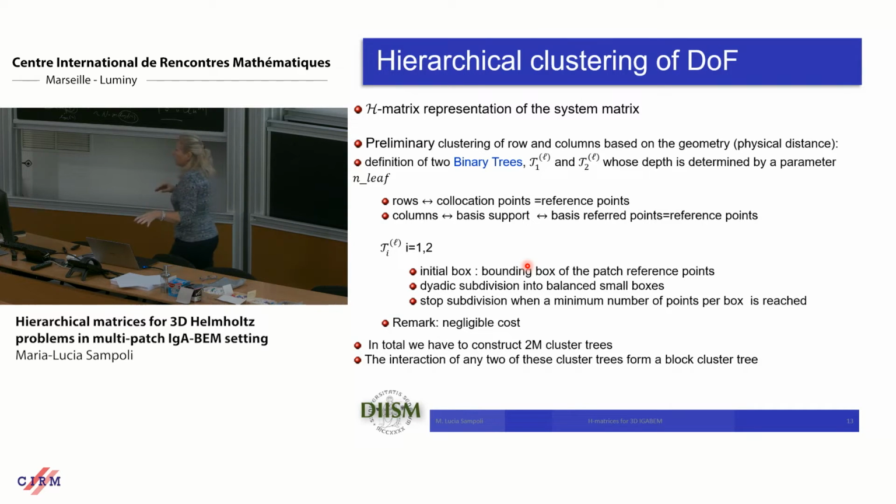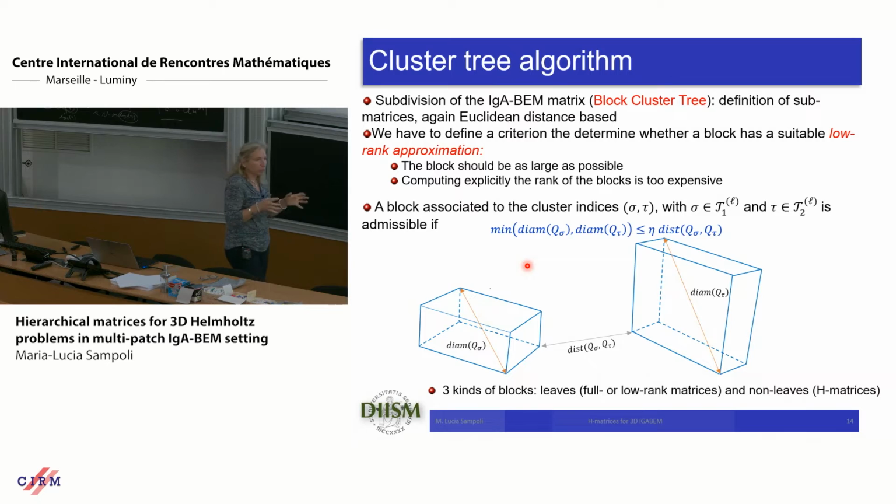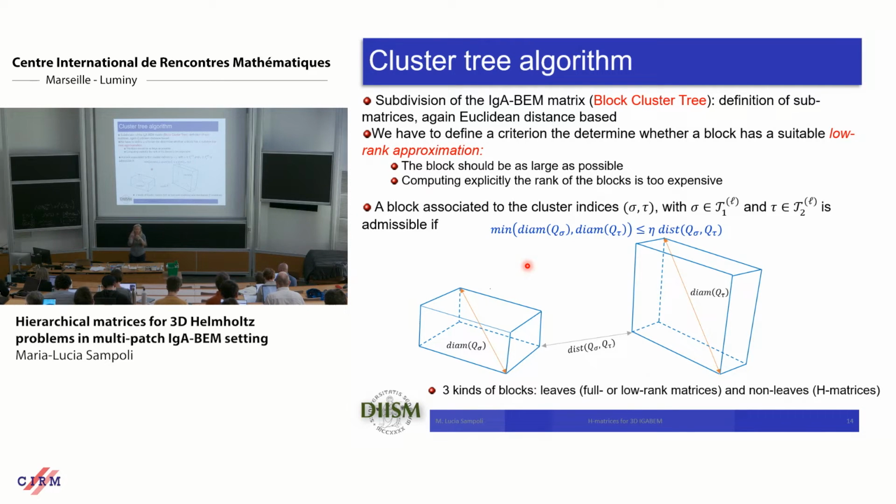For each patch, we have to build two binary trees, one clustering the indices of the rows, and one clustering the indices of the columns. So in total, in our case, we have 2m trees, where m is the number of patches. Then we can repeat this clustering on the matrix.